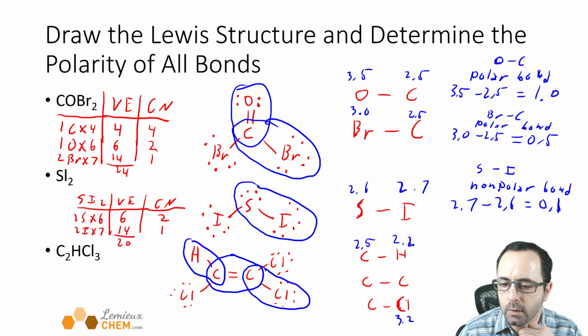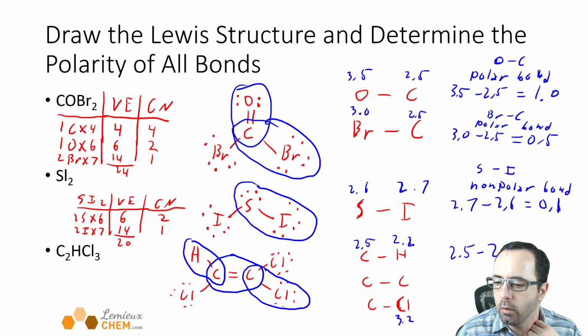All right. So the difference for carbon and hydrogen is going to be 2.5 minus 2.2, that is 0.3. This is a non-polar bond, the carbon-hydrogen bond. For the carbon-carbon, clearly it's non-polar.